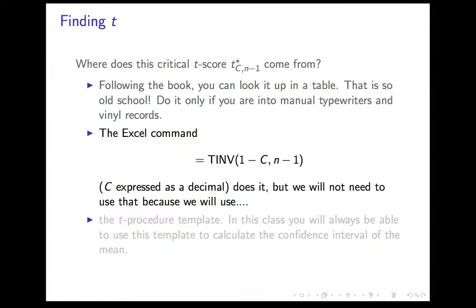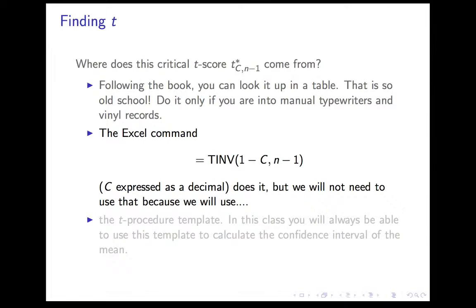If you have a computer, you can use Excel. Of course, there's an Excel command that gives you the critical t-score, and of course it has a confusing and unmemorable syntax. The name of the command is TINV, T-I-N-V. That should remind you of the command NORMINV, which we've used before. You give it 2 inputs.